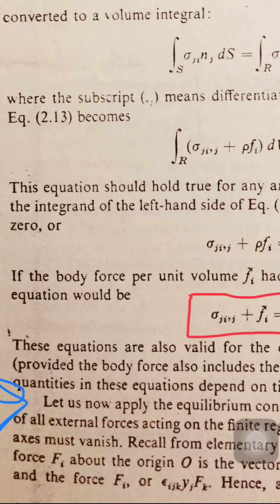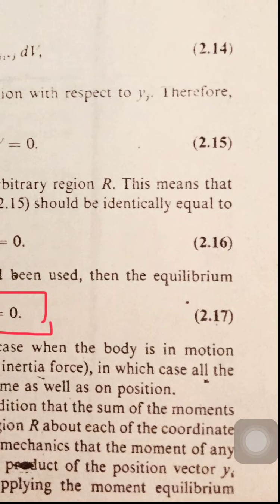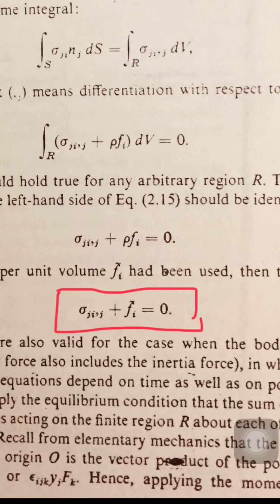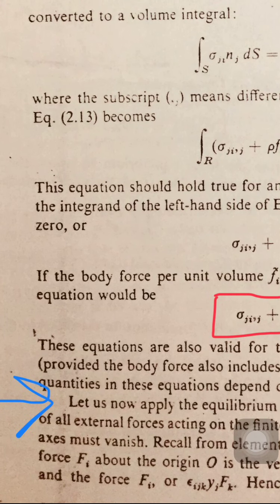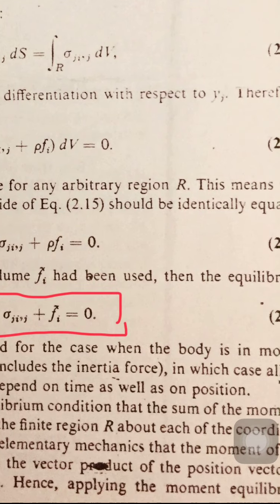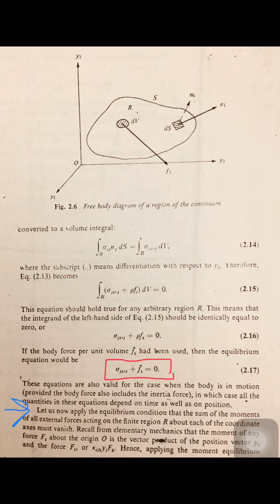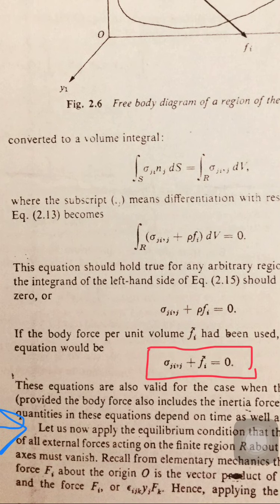Now let us apply the equilibrium condition for moment: the sum of all the moments of all external forces acting on the finite region R about each of the coordinate axes must vanish, meaning the sum of all moment related terms should vanish. This is known as the moment equilibrium equation.